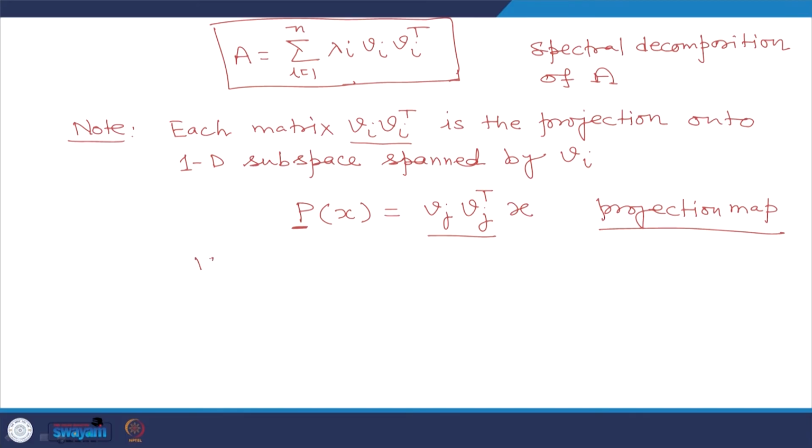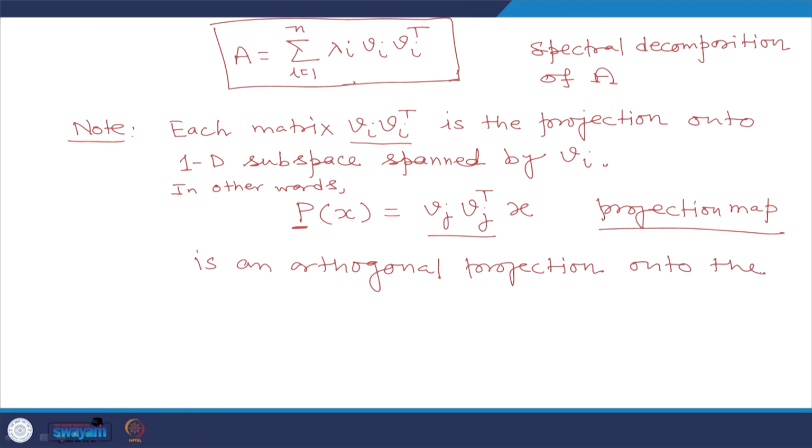And what kind of projection? It is an orthogonal projection onto the subspace spanned by the eigenvector Vj.